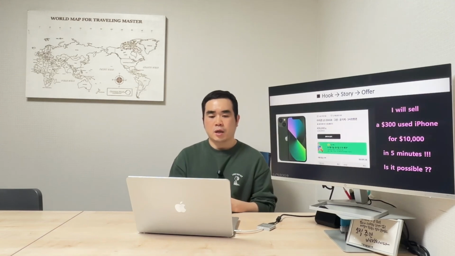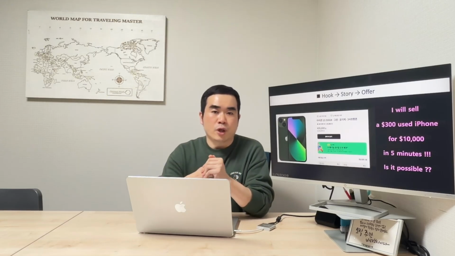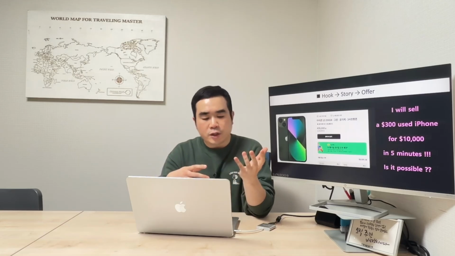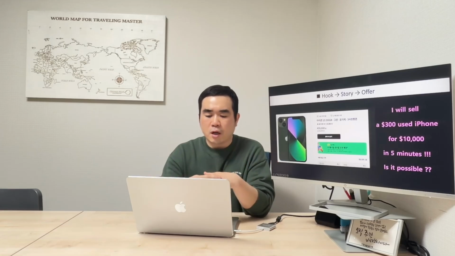Okay, the first part is the mechanism of perceived value: hook, story, and offer. I want to tell you one sentence. Look at this used iPhone.